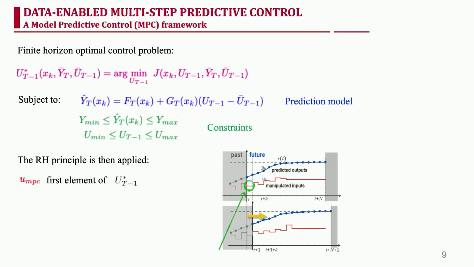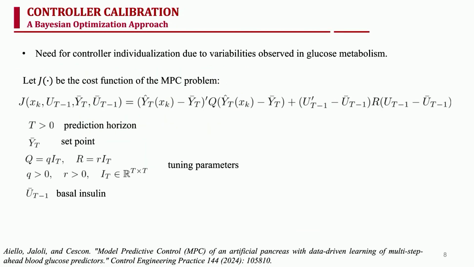Now, since we know that the glucose metabolism is highly individual, there are variabilities, we can personalize this machinery at several levels. We can have personalization in the prediction model, we have personalization in the constraints, but what we're going to do now is to look at the personalization in the cost function. So let's take a closer look at the cost function.